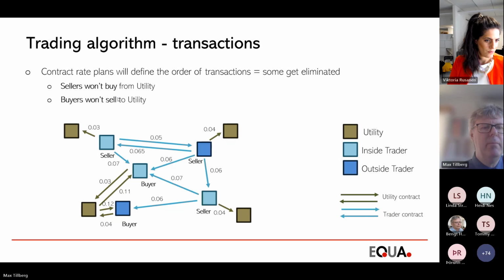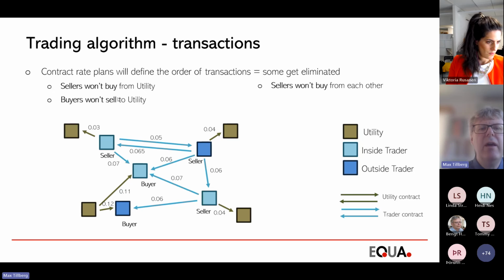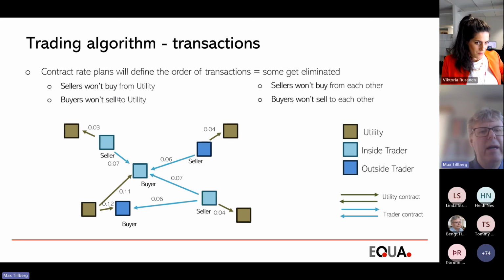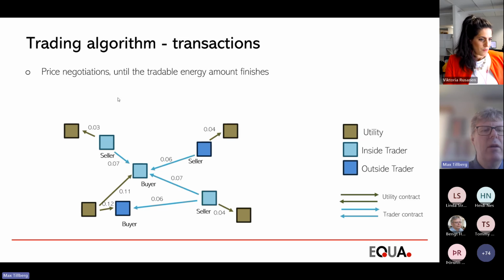And buyers won't sell to utility. Okay, so we can get rid of a few more arrows. Now it gets a bit more simplified. And then we have sellers, and they want to sell, so they won't buy from each other either. So we can get rid of these arrows. And then finally, buyers won't sell to each other. They want to buy. So now we have set up the case.